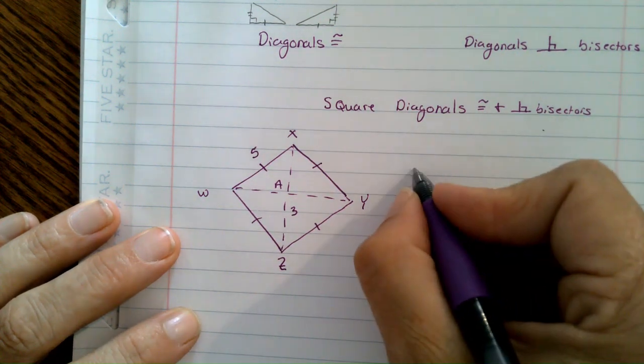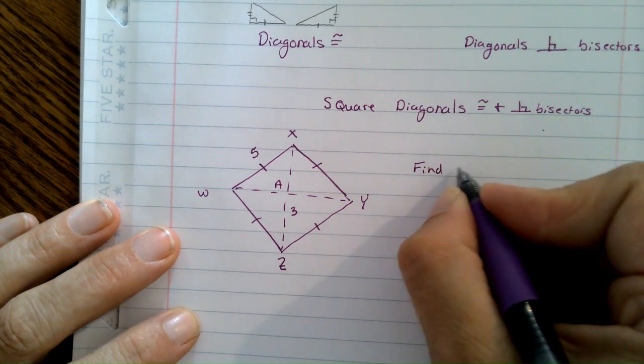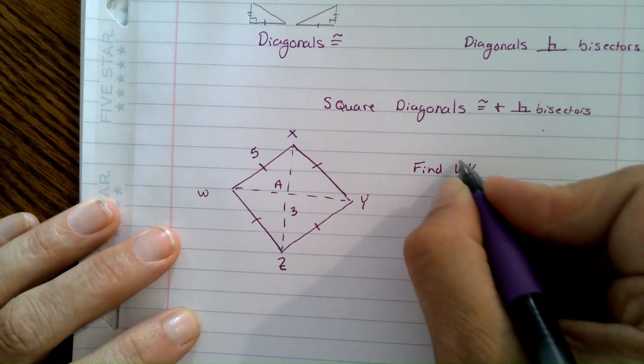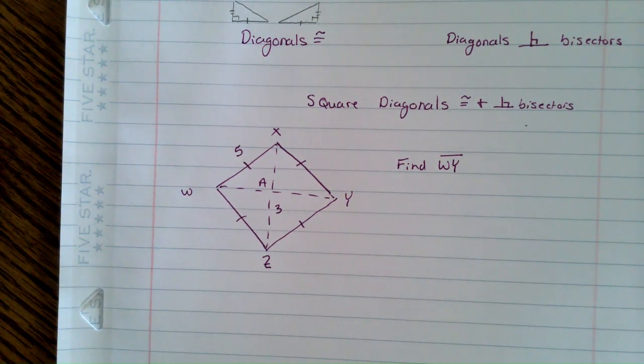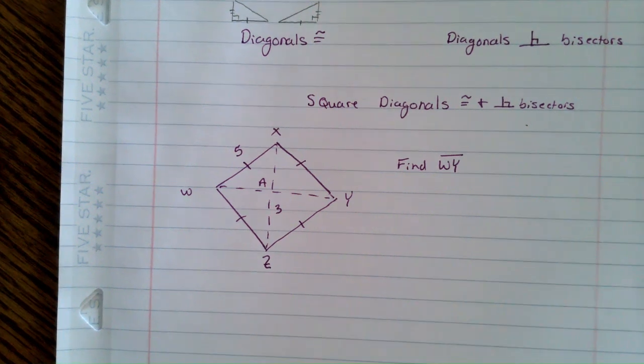All right, find W to Y. Okay, let's go ahead and focus in on just one triangle.